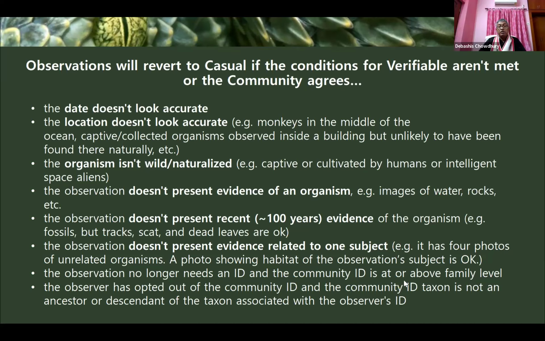So whatever number of correct IDs the community may give, the observation will not reach research grade. In such cases, it will only reach research grade if the community agrees to the observer's ID. Otherwise, it will not.